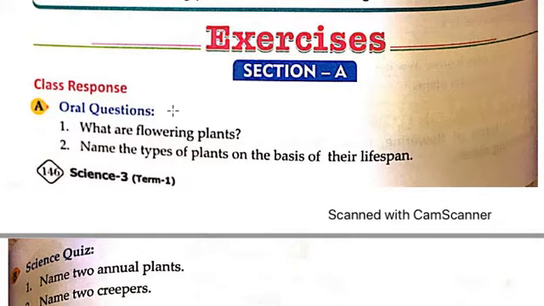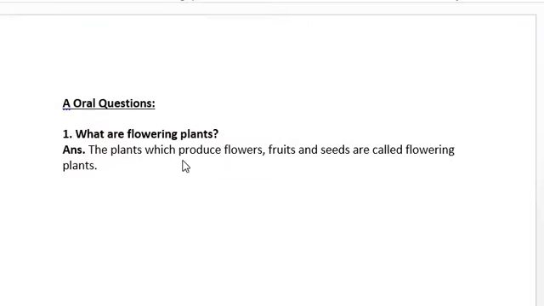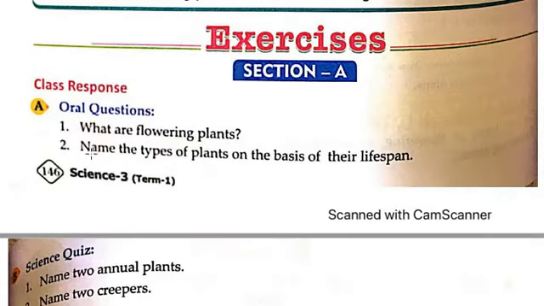Exercises. Oral questions. What are flowering plants? The plants which produce flowers, fruits and seeds are called flowering plants. 2.